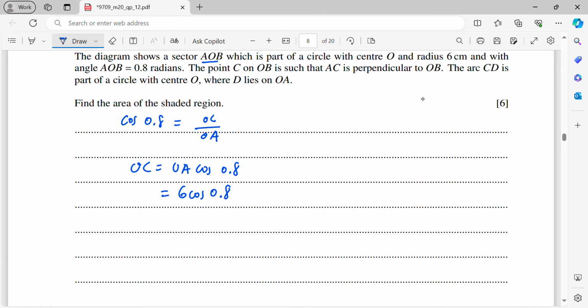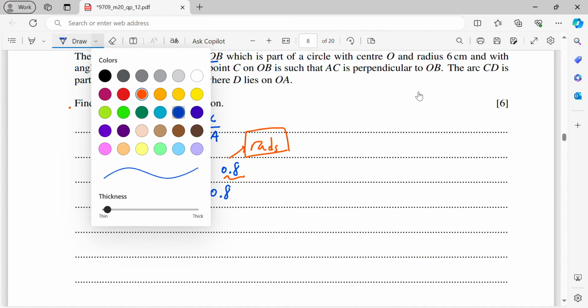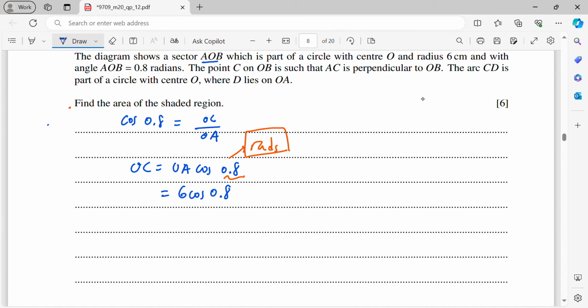Now remember, this 0.8 is in radians, so make sure you change your calculator mode to radians. Then this is going to be 4.18024. I give more decimal places because this is not yet the final answer.